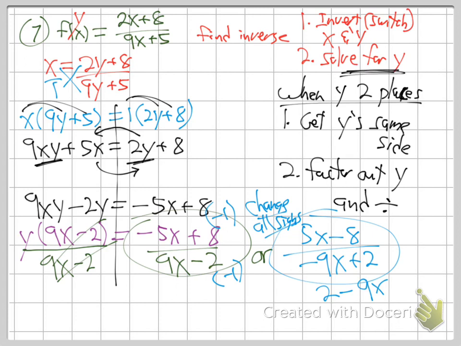That's the same thing. Remember, all that matters is signs in front. Order doesn't matter. Signs in front matter. So if you have a plus in front of that 2, that's the same thing as nothing in front of that 2. Minus in front of that 9x, same thing. We good? All is well. All right.